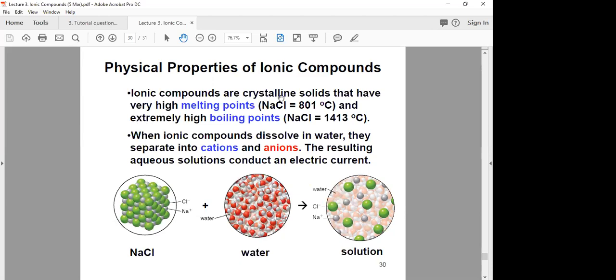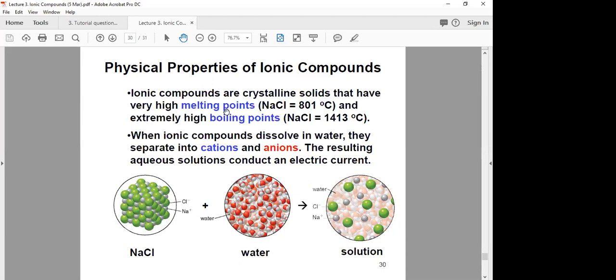Ionic compounds exist as crystalline solids. That's shown here. There's the crystalline solid. We know it's a solid because the atoms are packed very, very closely in a very orderly arrangement. That's sodium chloride.